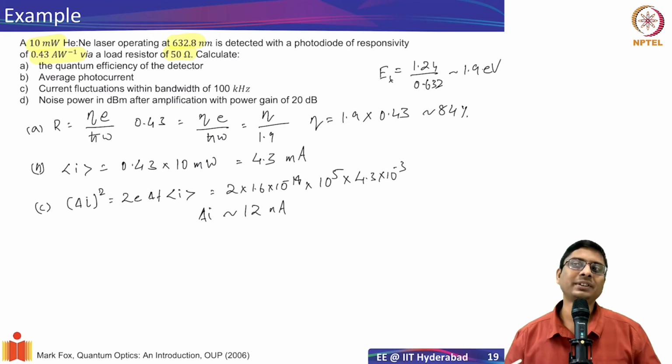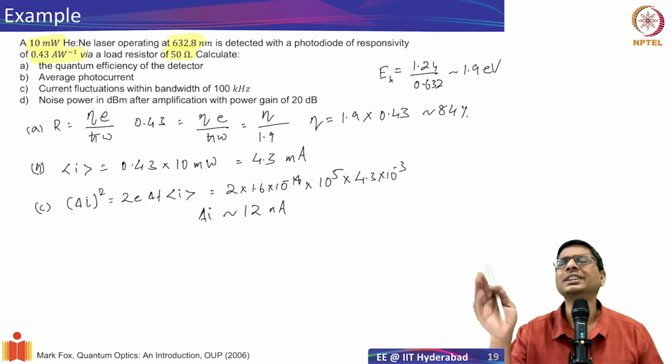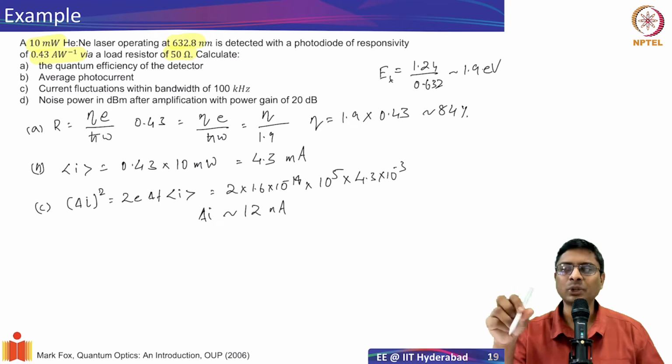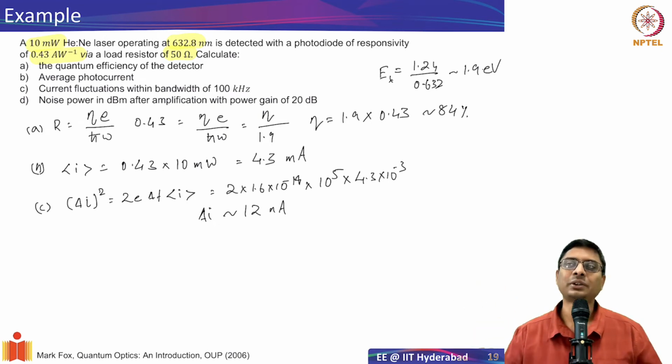For example, let's say you have a signal at 10 kilohertz, because you're modulating a laser using a chopper. Now, you want to put a band pass filter, only let the 10 kilohertz pass, and filter out all the other noises.